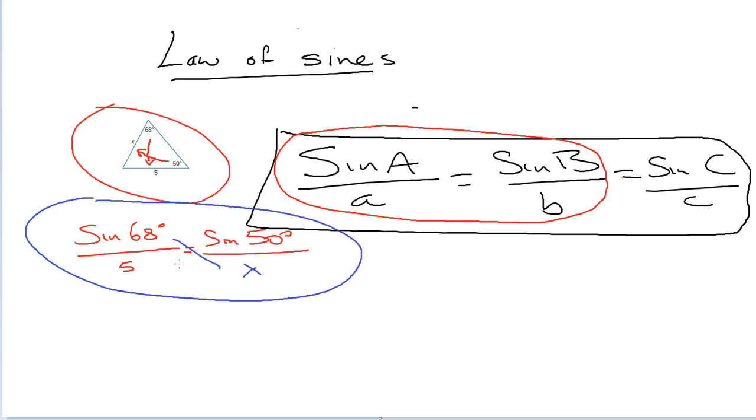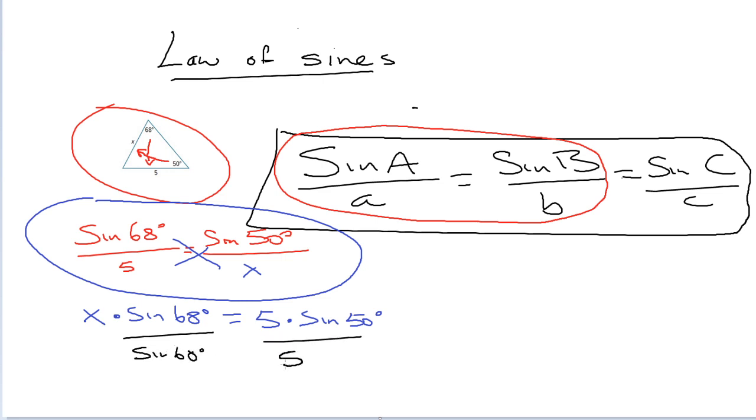I cross multiply. So x times sine of 68 degrees is equal to 5 times sine of 50 degrees. And to get x by itself, all I have to do is divide both sides by sine of 68 degrees.